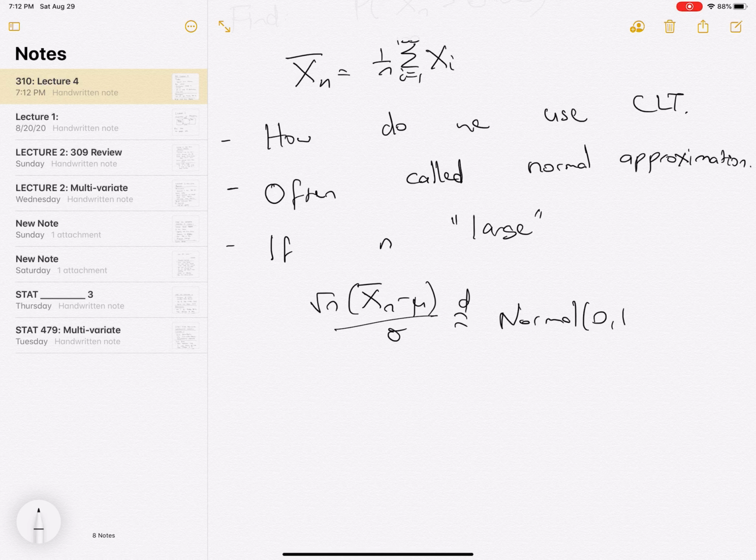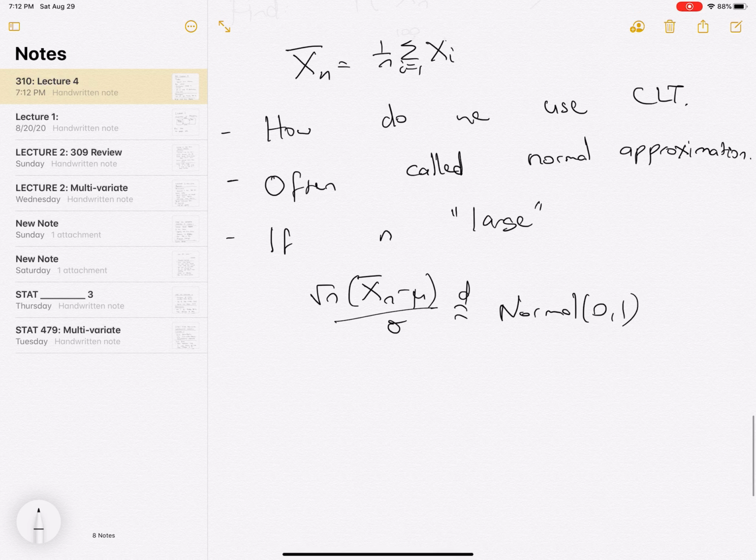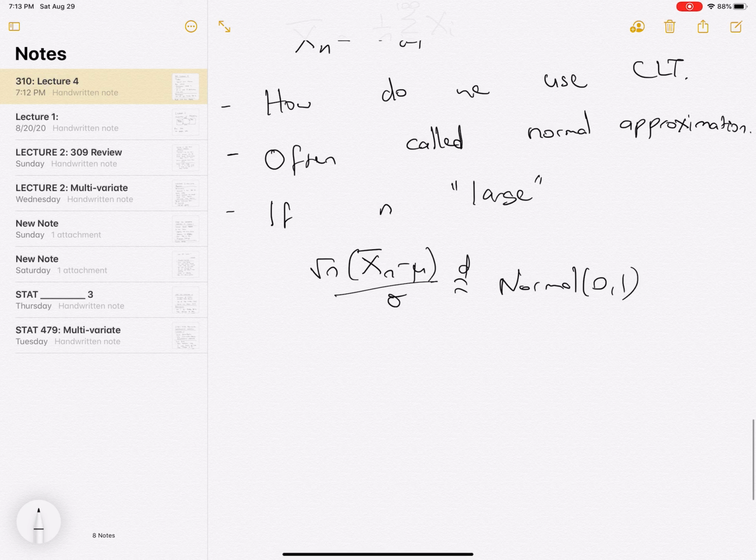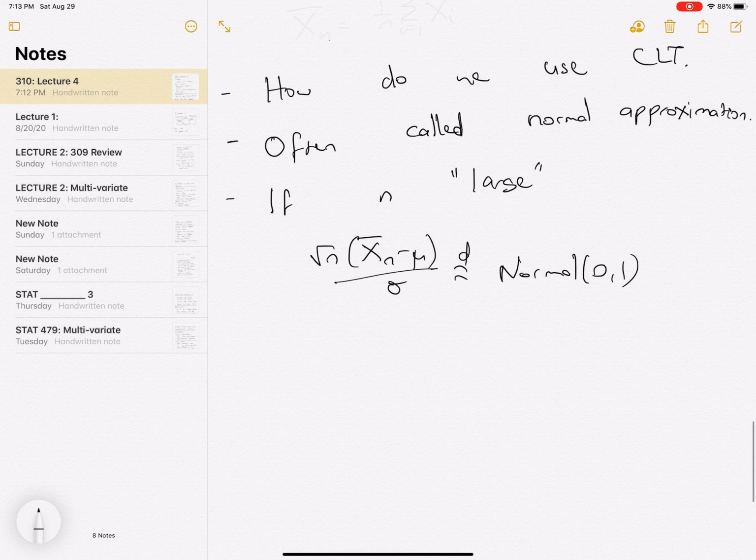What that means is that if n is large enough, we can say that the asymptotic result is more or less approximately true, which allows us to make use of the CLT. This is often referred to as the normal approximation, where even though the distribution of x bar n is not exactly normal, we say that it's approximately normal.